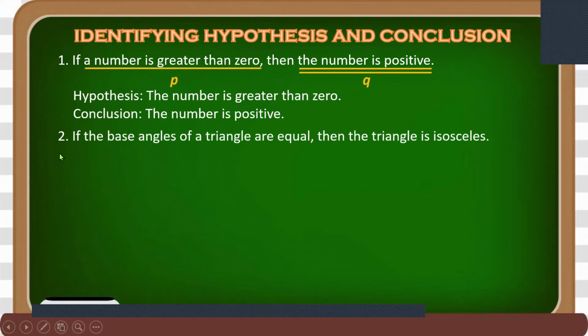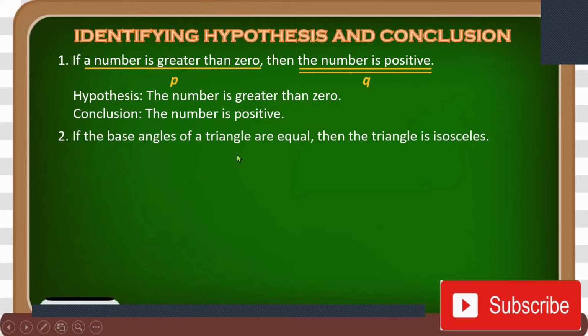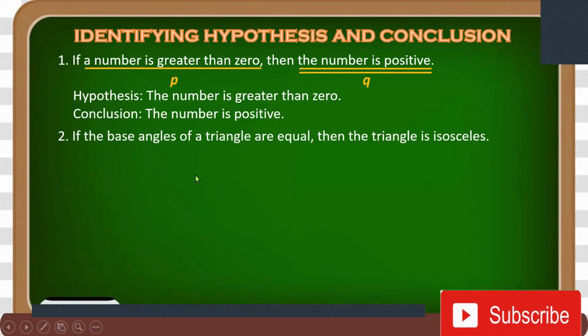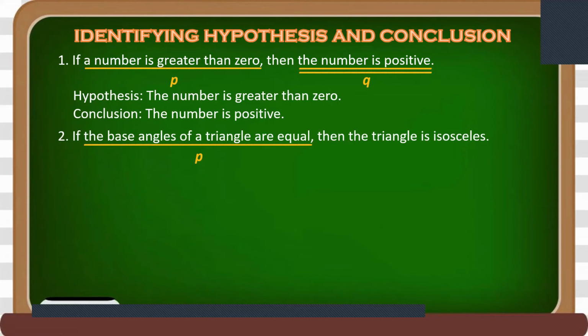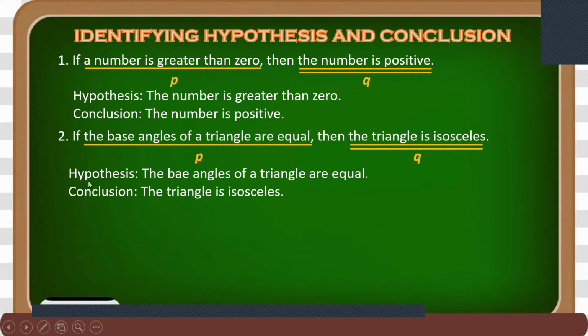For number 2, the statement: if the base angles of a triangle are equal, then the triangle is isosceles. Our hypothesis is the base angles of a triangle are equal. And our conclusion, the triangle is isosceles, dahil po sa salitang then. Napakalinaw naman. Therefore, our hypothesis, the base angles of a triangle are equal, and the conclusion, the triangle is isosceles.